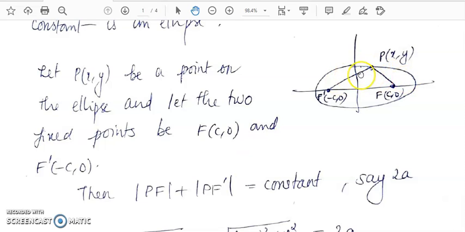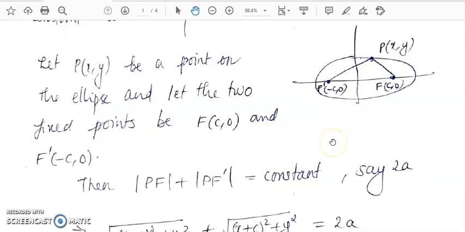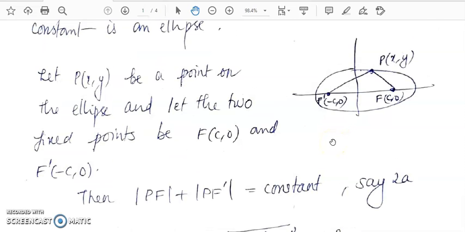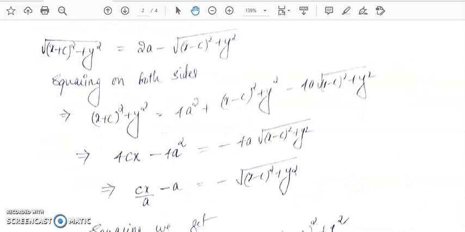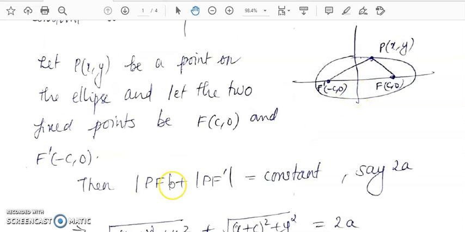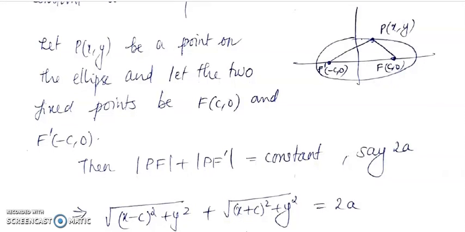PF has coordinates (x, y) and (c, 0), and PF dash has coordinates (x, y) and (-c, 0). So using the distance formula, you will get root of (x minus c) whole square plus y square plus root of (x plus c) whole square plus y square, that will be equal to 2a.